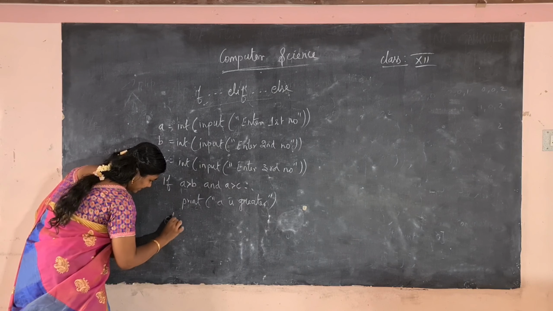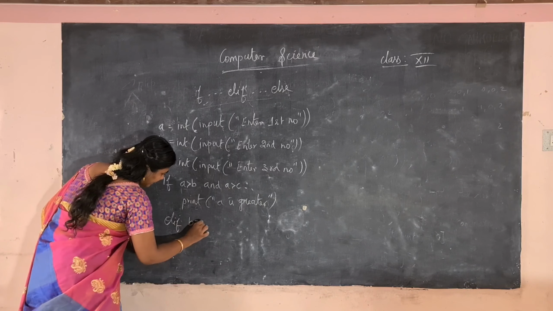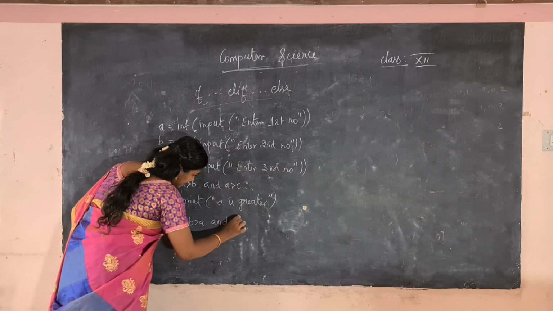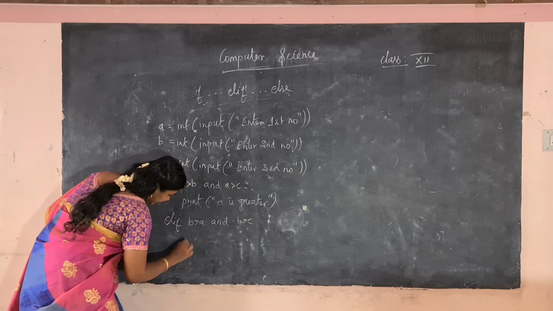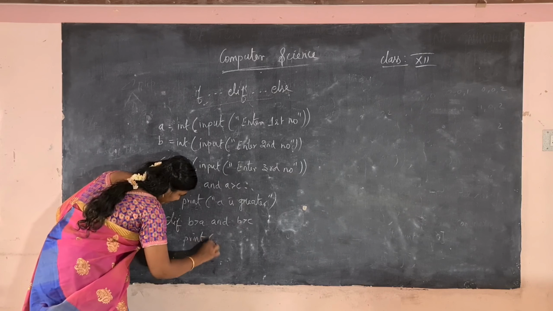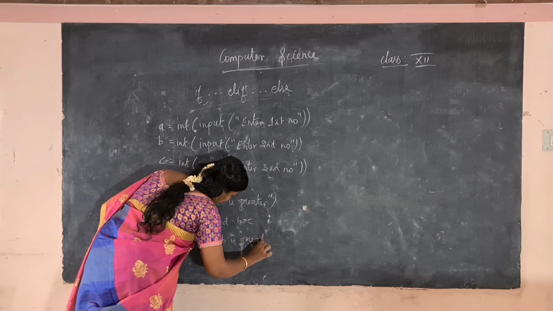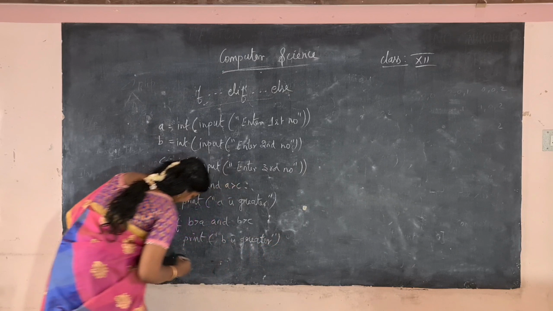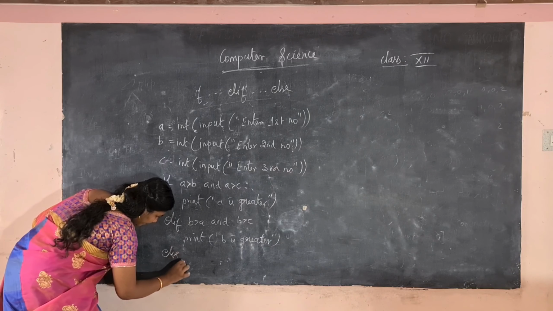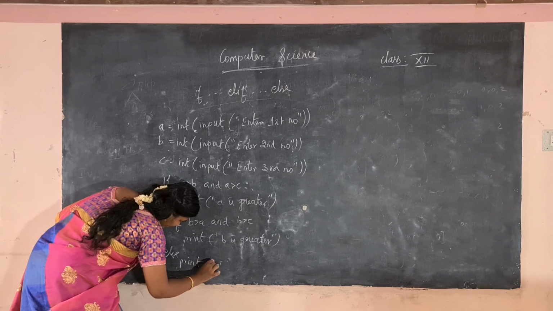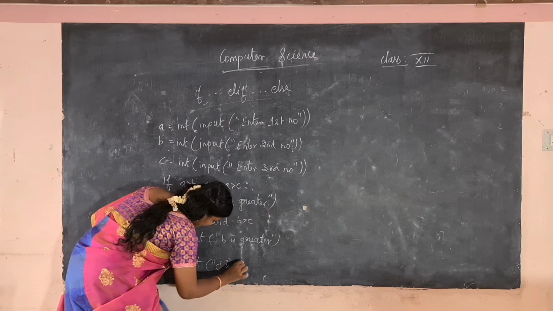So else if, that is ELIF, B greater than A and B greater than C, then print B is greater, else print C is greater.